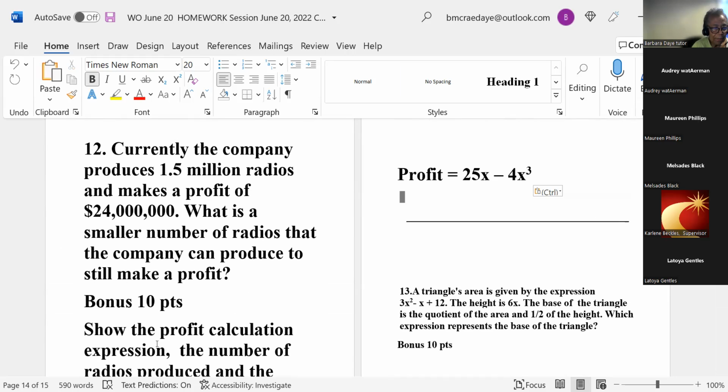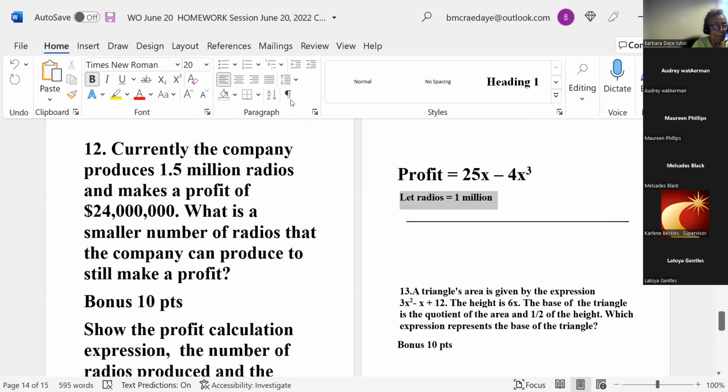You want to see how much profit you have? Well, let's just put radios equal 1 million. Instead of writing out all the zeros, I'll just use the 1.